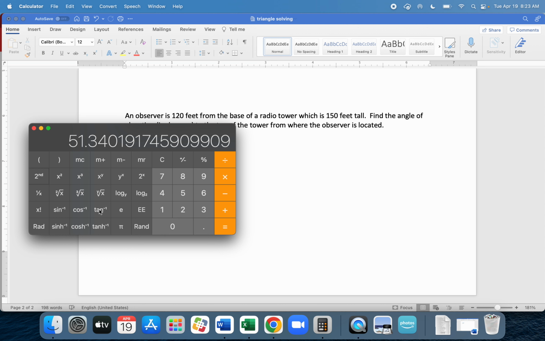So, I want to talk about these inverse trig functions, thinking of circles and angles. I'm going to post a document about this before class on Thursday sometime.